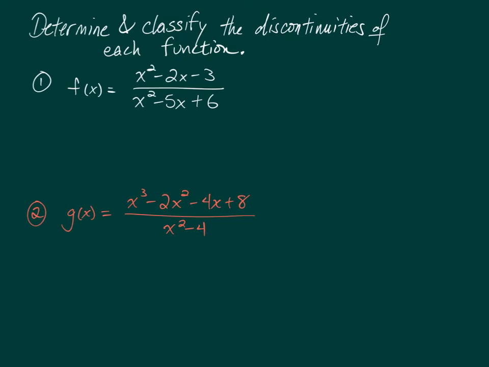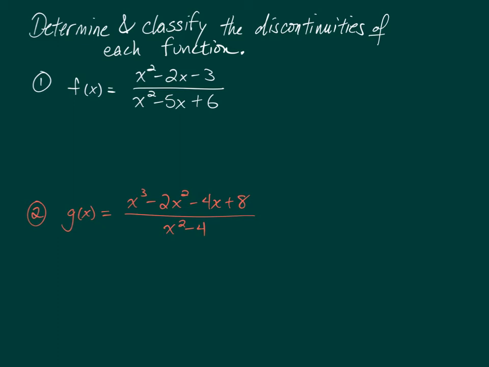Determine and classify the discontinuities of each function. For the first example, the function is f of x equals x squared minus 2x minus 3 over x squared minus 5x minus 6. The first thing we should do is find out where these discontinuities are.